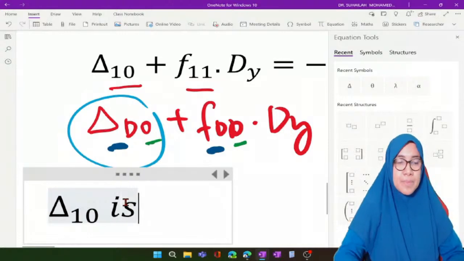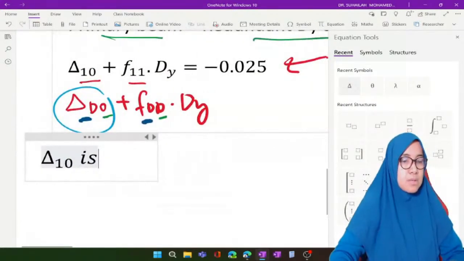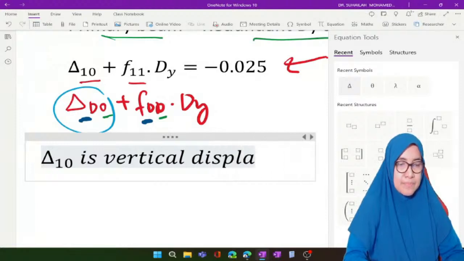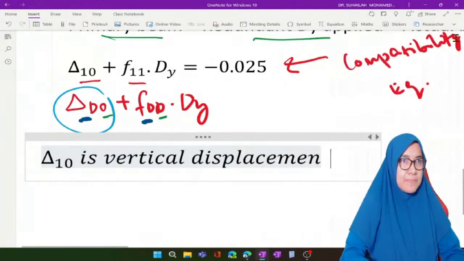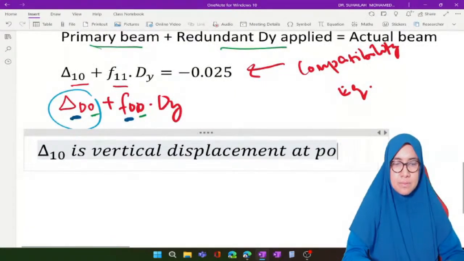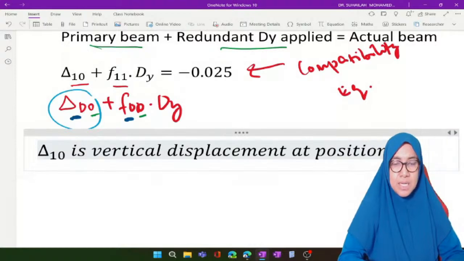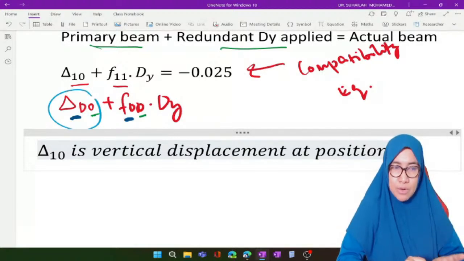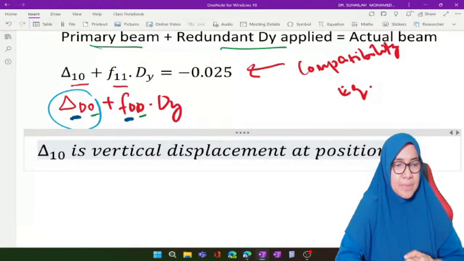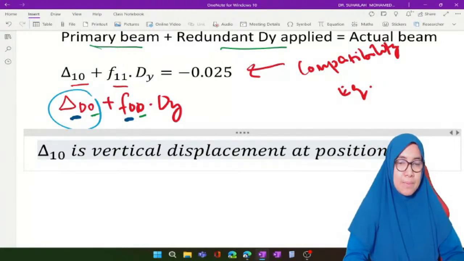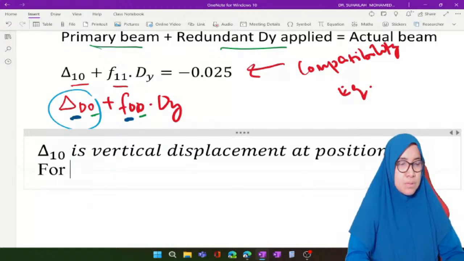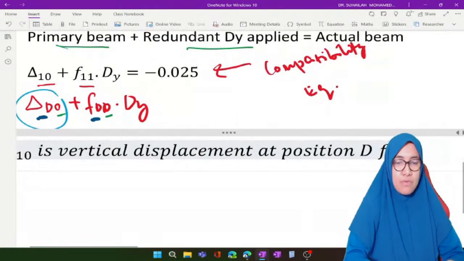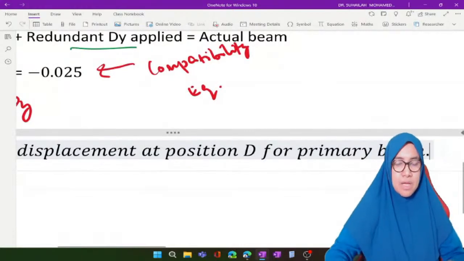Delta 1 naught is deflection or vertical displacement at position D, because R1 is equal to dy at position D. Delta 1 naught is vertical displacement at position D for the primary beam.